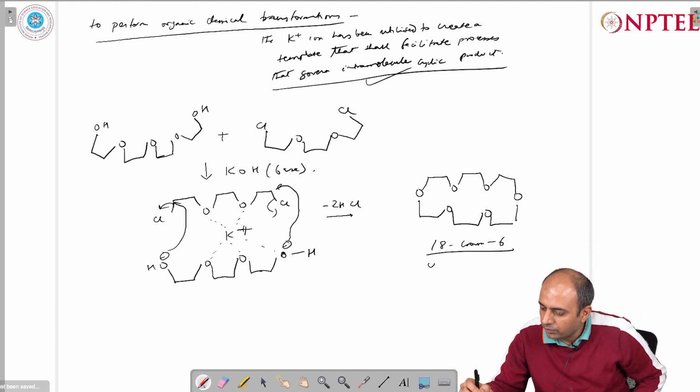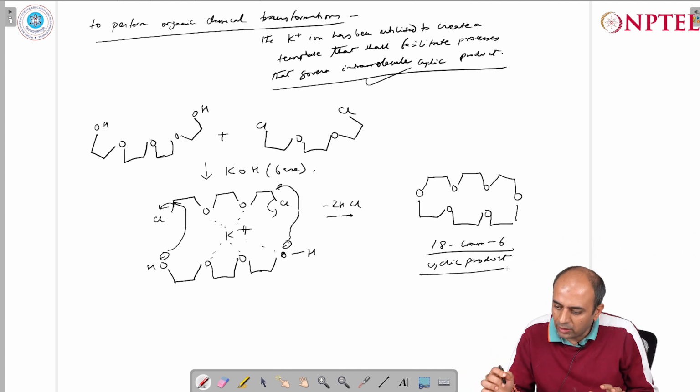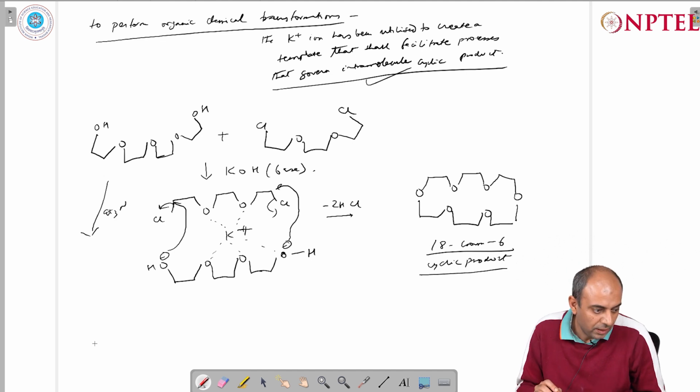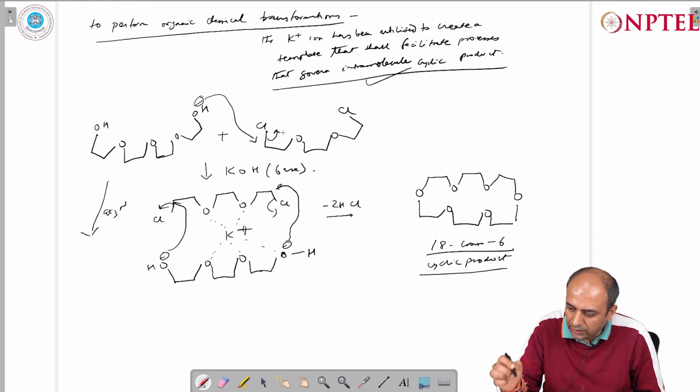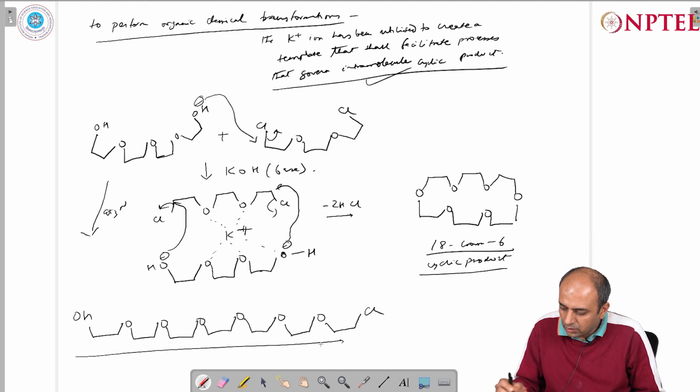So, we have got the cyclic product, and if we do not add KOH, but we add a simple base, that is triethylamine, then a polymer is formed, because statistically in the presence of triethylamine we generate the O minus, it hits the electrophilic center, it forms a carbon carbon bond, and so now we get this linear polymer.